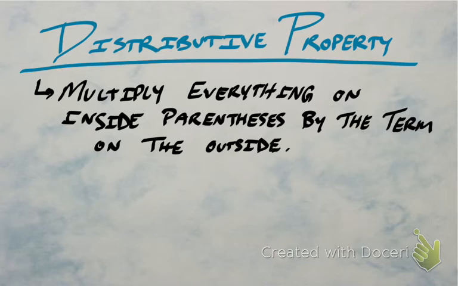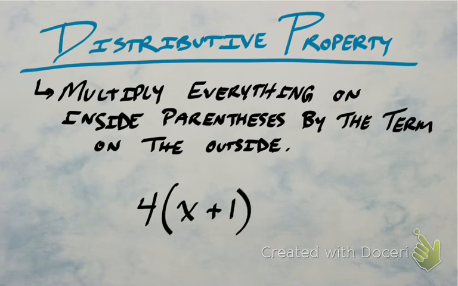So this would come in handy in a situation like this. When we see this, we know that if a number is touching and there's no symbol there, that means multiplication. We've talked about that before. But this is right up against parentheses that have multiple things inside.